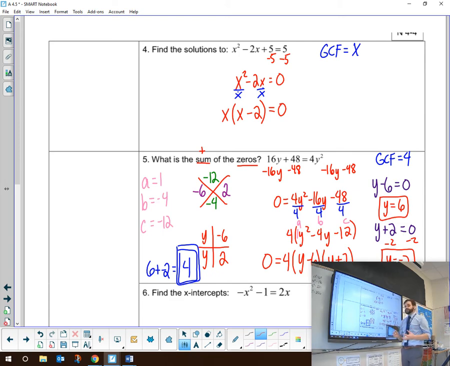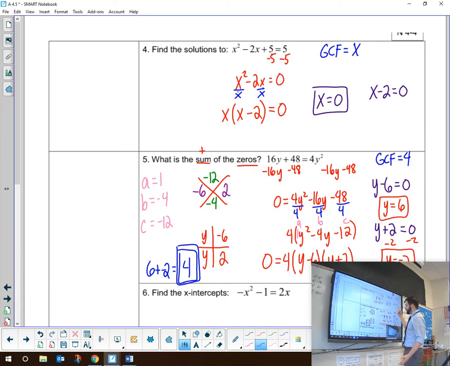And then we set our factors equal to 0. Now, if you have a factor that has x in it, even if it's a GCF, we're going to set it equal to 0. So my GCF here is x. So we set that equal to 0 to solve, right? We have x equals 0, and my other equation is x minus 2 equals 0. Well, I can't even solve this anymore. There's my answer.